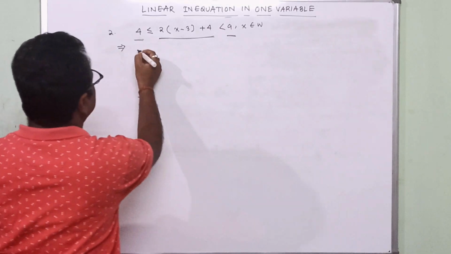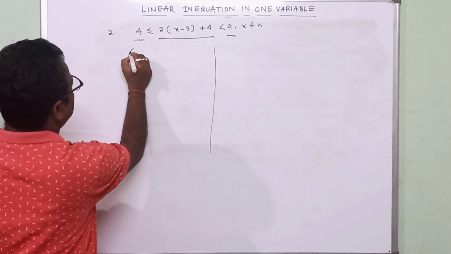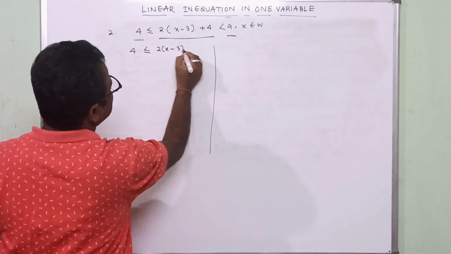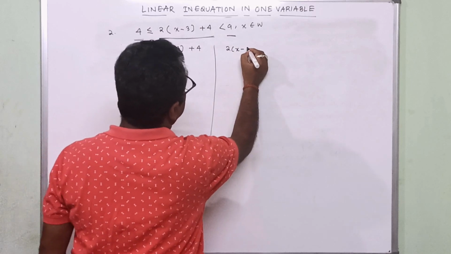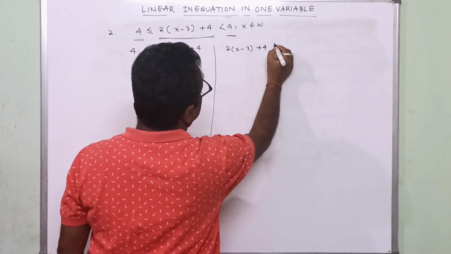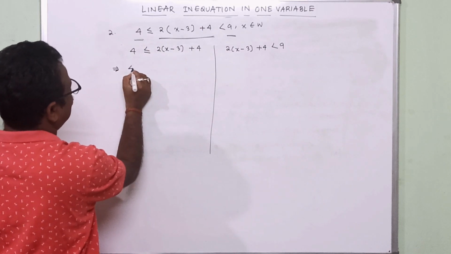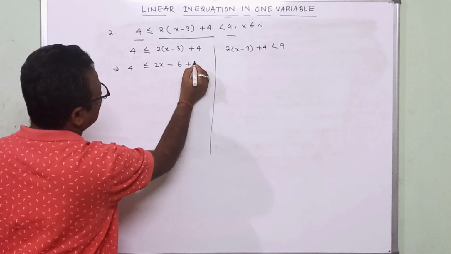Now here we write it in two columns. One is 4 less than or equal to 2 into (x minus 3) plus 4. The other is 2 into (x minus 3) plus 4 less than 9. That implies 4 less than or equal to 2x minus 6 plus 4.